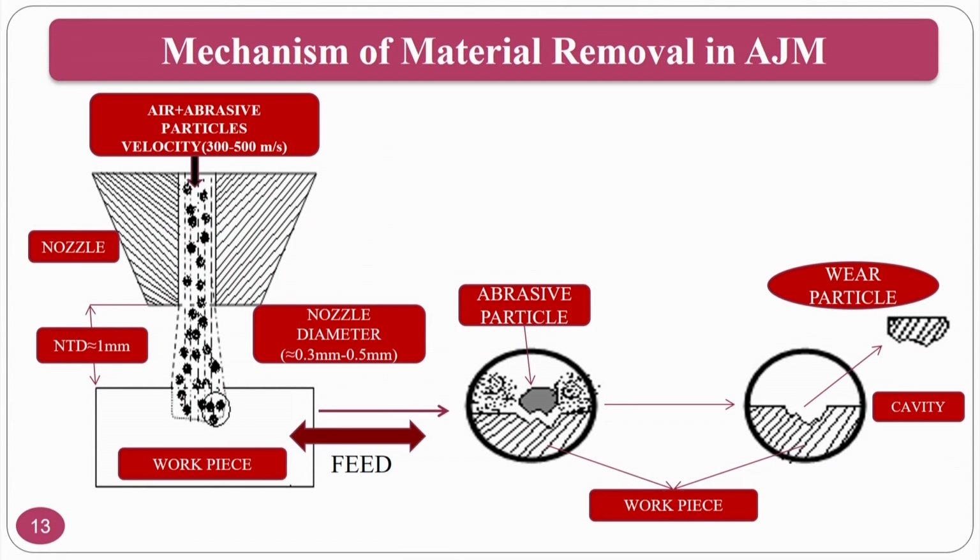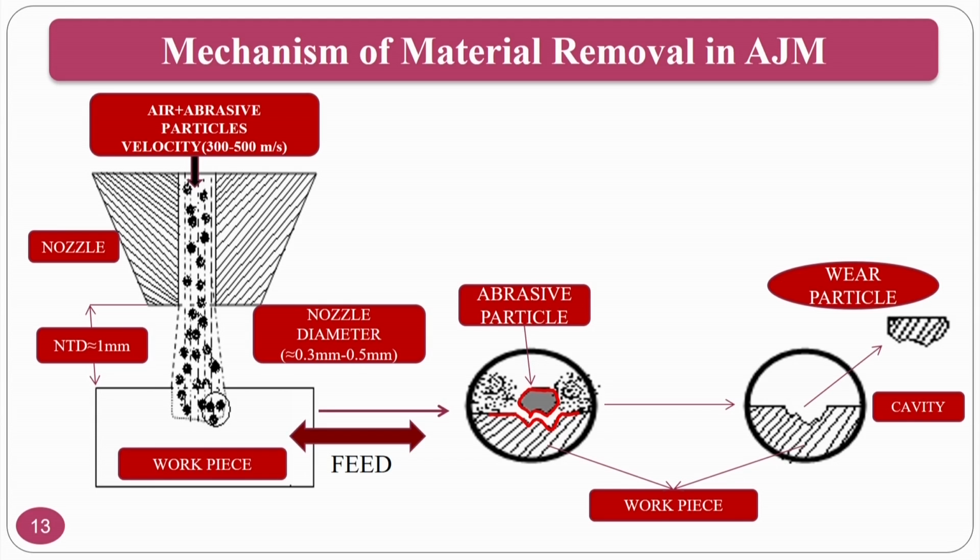Regarding the mechanism of material removal, when the abrasive particle hits, it will fracture the material, and the fracture mechanism and other things you will see in the upcoming slides. Whenever an abrasive comes and hits, it generates the converse shape of the hitting portion.